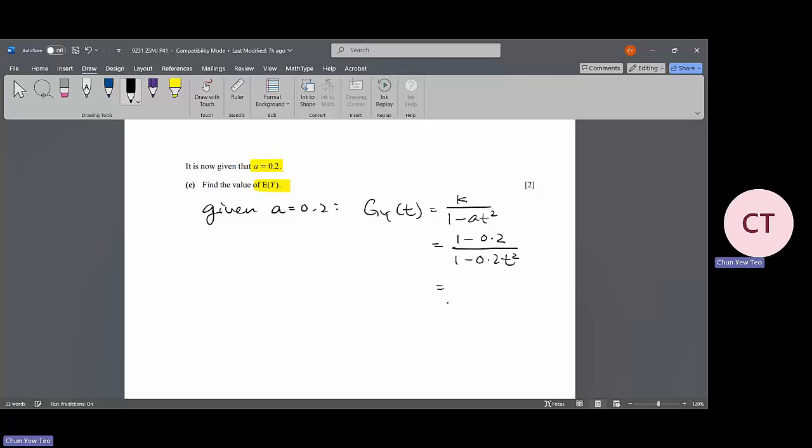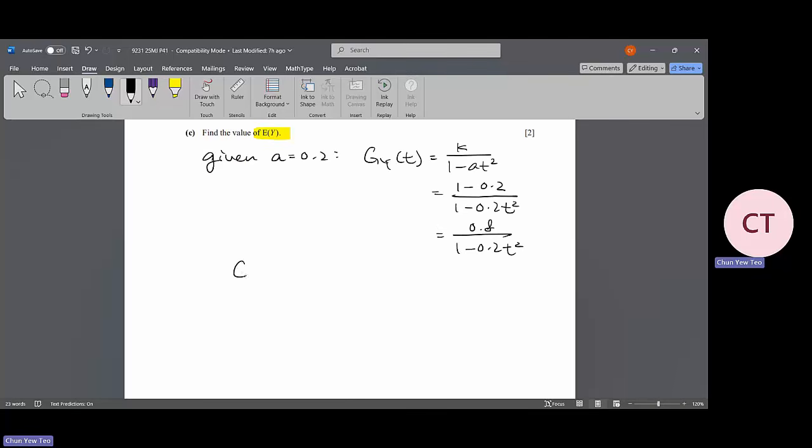So you will get 0.8 divided by 1 minus 0.2 t squared. Over here, I prefer to use the integer form. That means I will multiply everything by 10. Oh, no need to multiply by 10. Multiply everything by 5, and you get 4 over 5 minus t squared. So I change it to this.